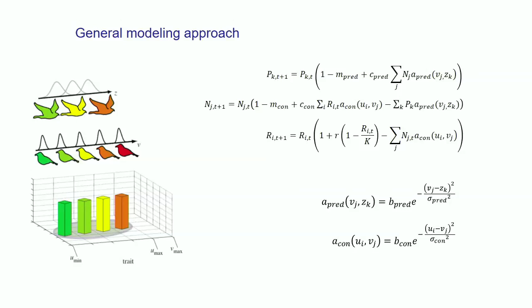More specifically, here those functions are actually visible, so A-pred and A-con dictate the ecological interactions, and we model that explicitly through Gaussian functions, similar to the previous talk.